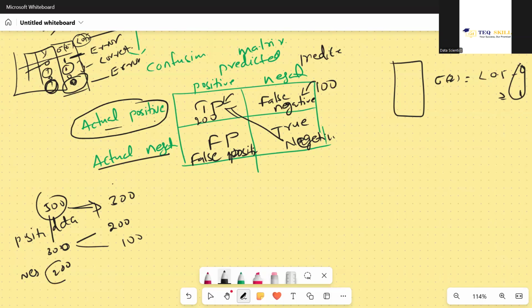Coming to the 200 actual negatives, out of that you predicted 50 as positive. That means it's a false positive.